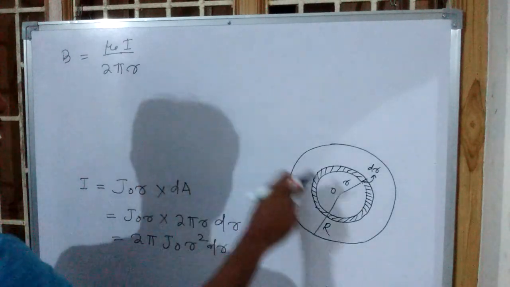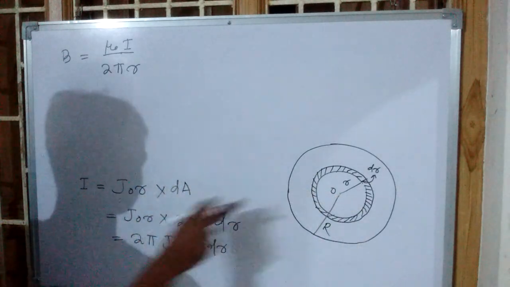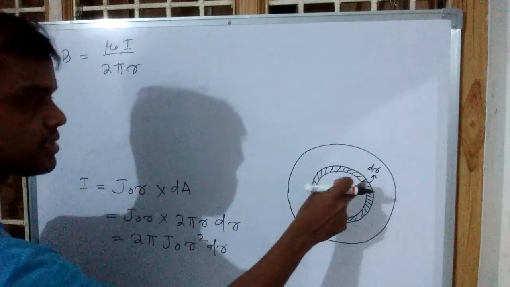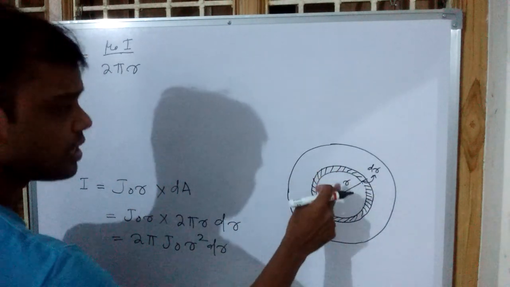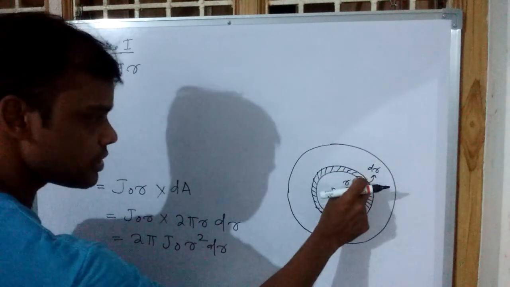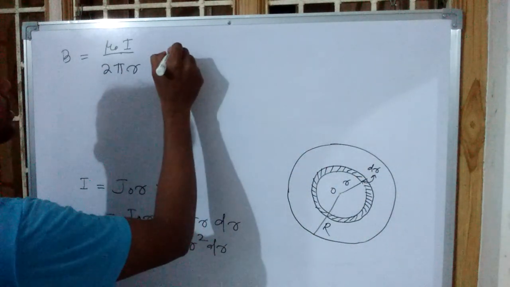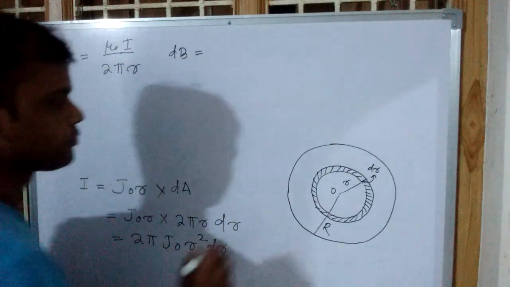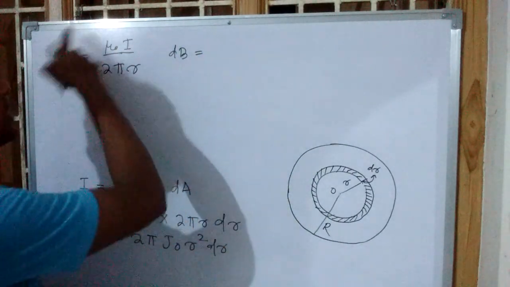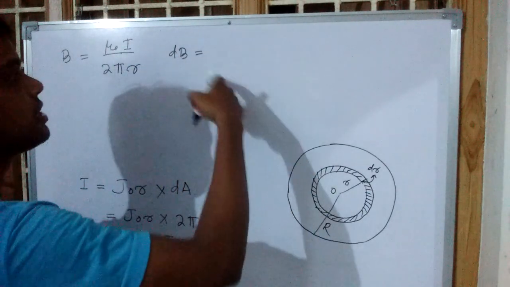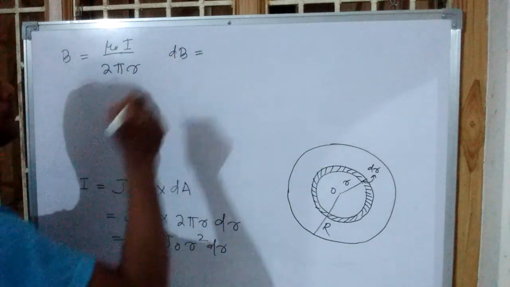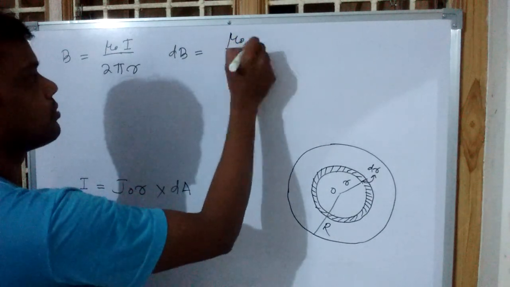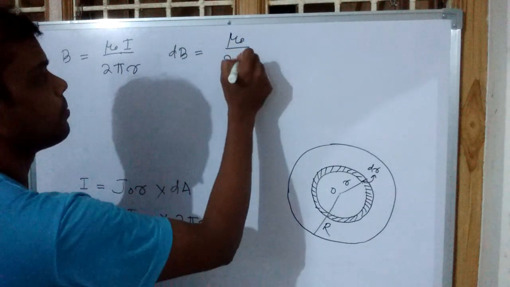Here we have already assumed that this element has area dA, and its width is dr. So the magnetic field due to this ring at this point will be simply dB. So dB is equal to, this is the general formula, that means we have to put in values according to this formula. Mu naught is constant, so mu naught by 2 pi.